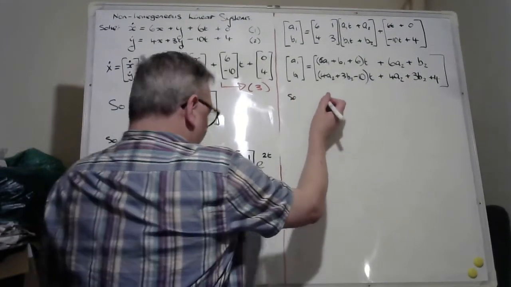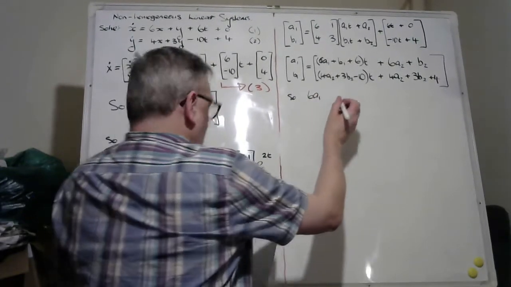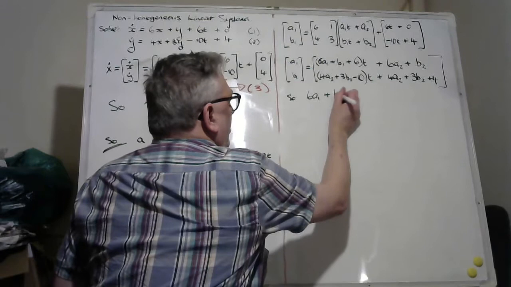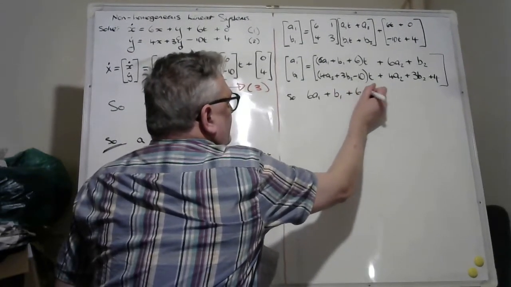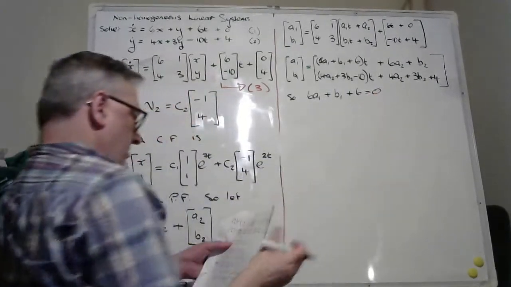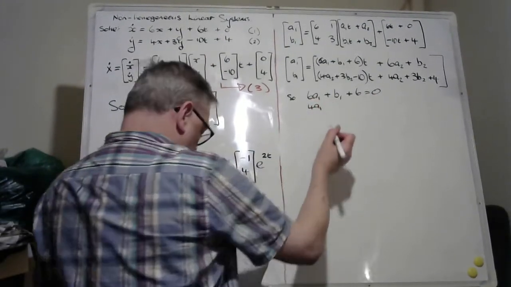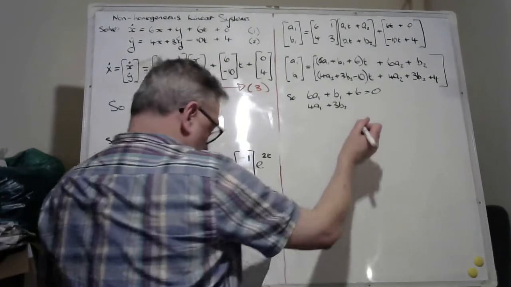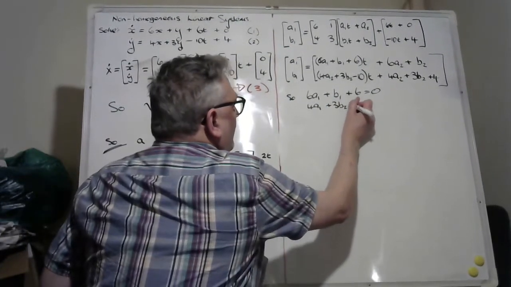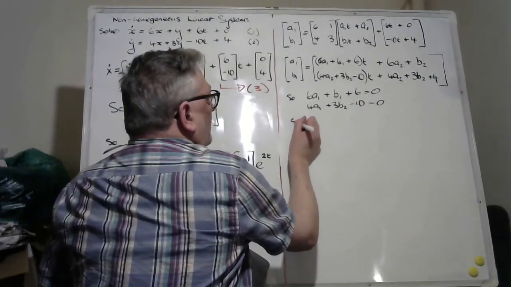So we have 6A1 plus B1 plus 6 equal to 0, and 4A1 and 3B1 minus 10 equals 0.